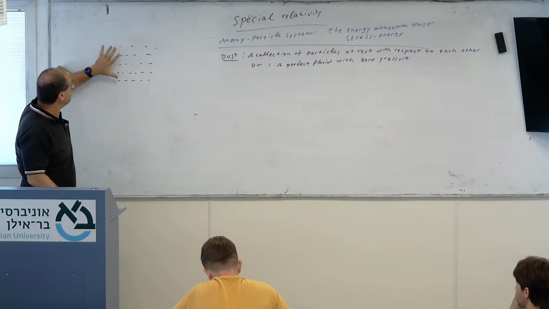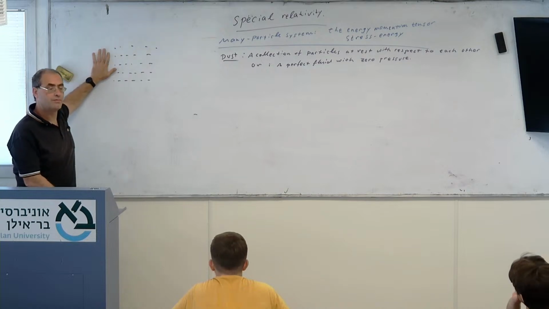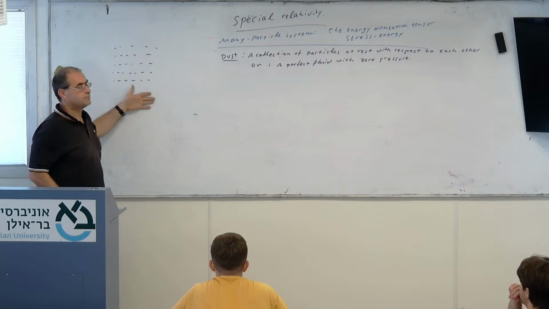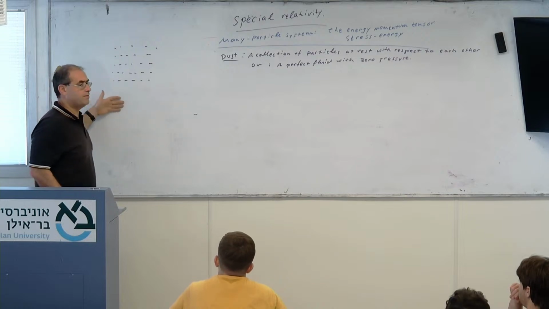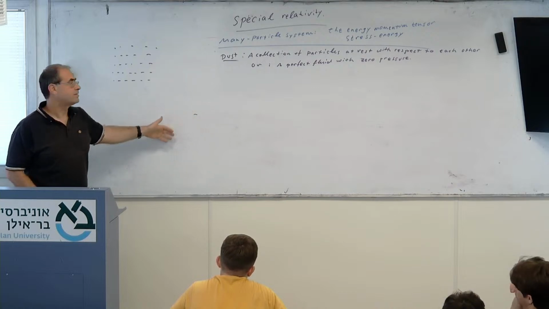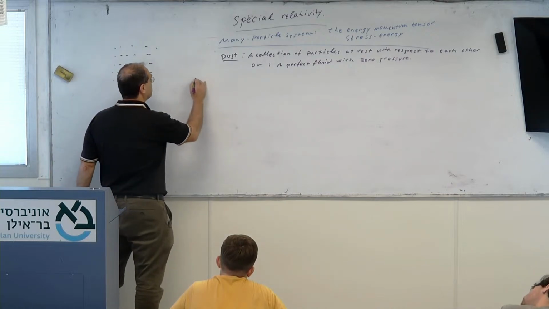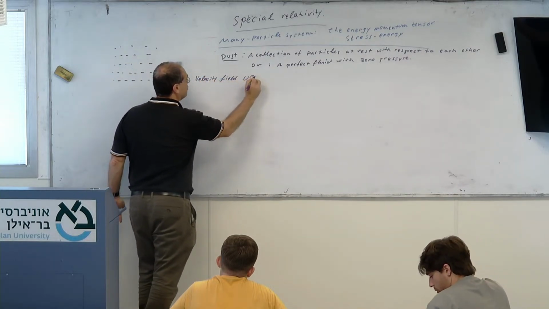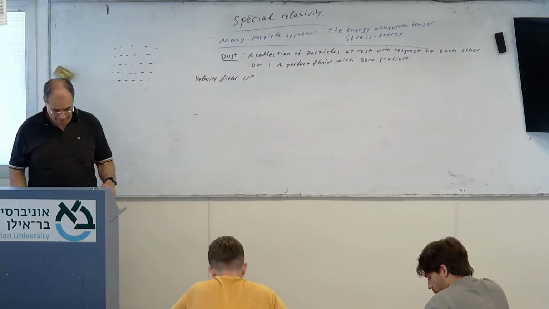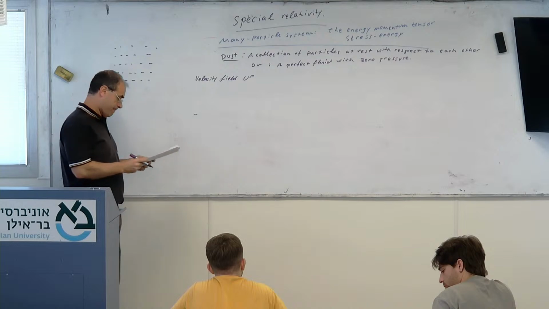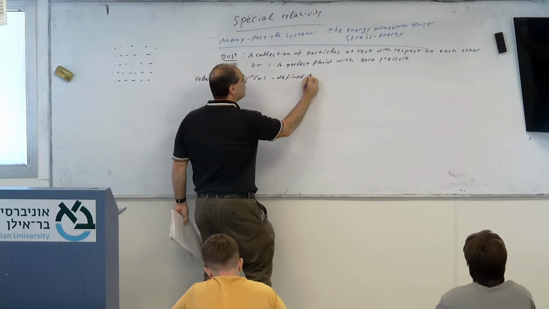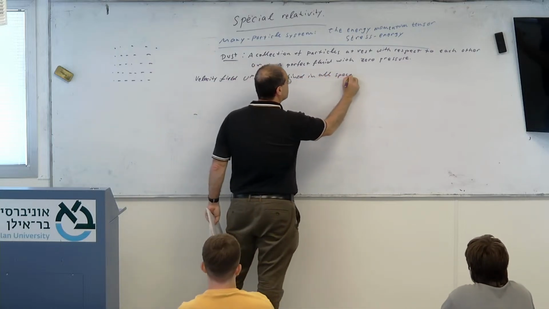So if the dust particles are not moving with respect to each other, but they may be moving relative to me, I can say that there is a velocity field, which is the same velocity for each one. So we can say that there is a velocity field u^mu(x) defined in all space-time.